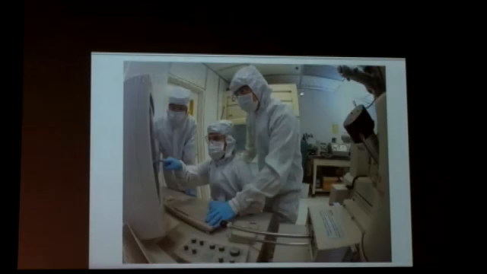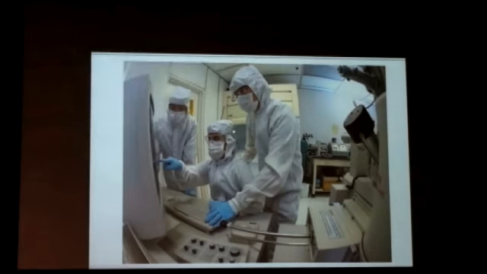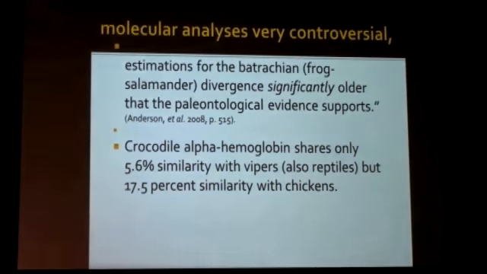Sequencing should be done in clean labs, but most of it is not done in clean labs. And we have interesting differences. A crocodile alpha hemoglobin shares only 5.6% similarity with vipers, which are also reptiles, but 17.5% similarity with chickens. So crocodiles, according to this, are evolutionarily closer to chickens than they are to vipers.